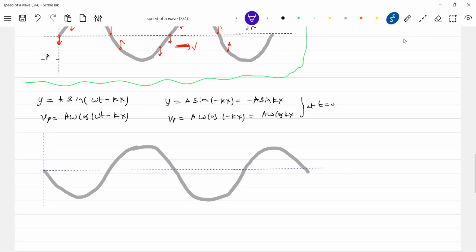Okay, this is plus a, minus a. This is y. This is x. The wave is still propagating in the positive direction. I'm interested in this point. Can anybody say in what direction the particle should be moving? Should be upward, no? Should be upward.